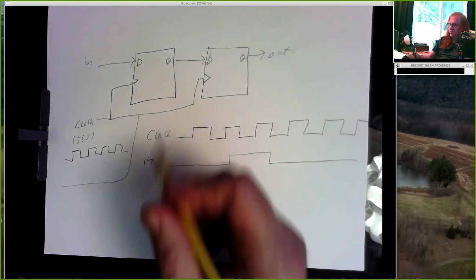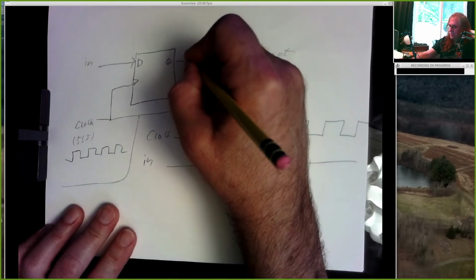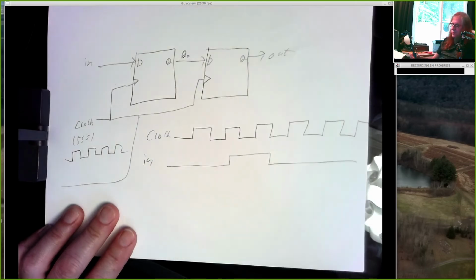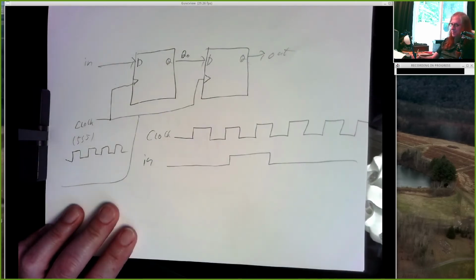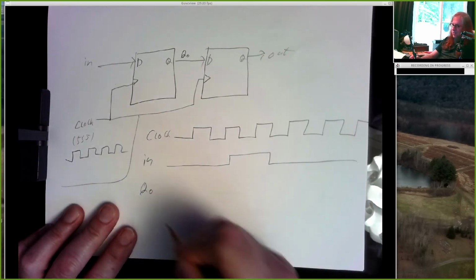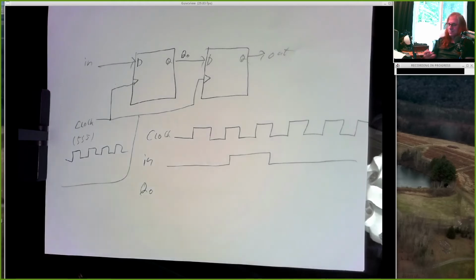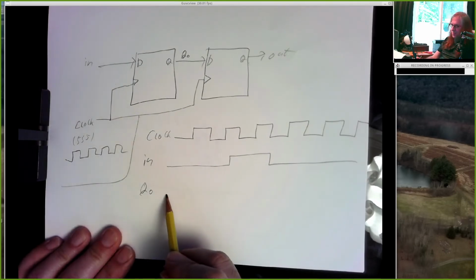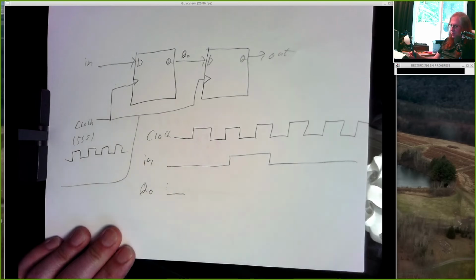And so I'm going to draw an intermediate signal. I'm going to call this Q0. That's the output of my first flip-flop. So what is Q0 going to do? So think about D flip-flops. And let's suppose Q0 begins low.